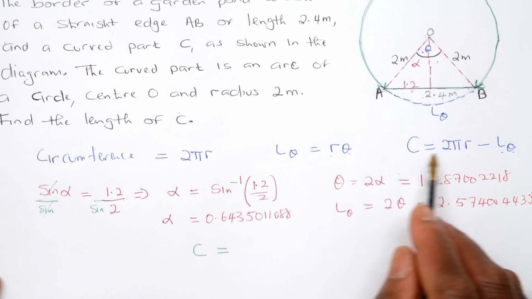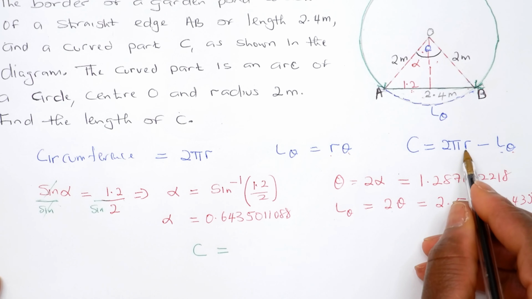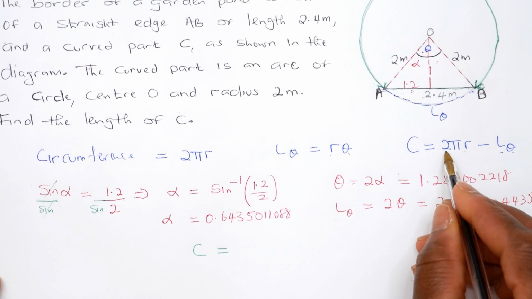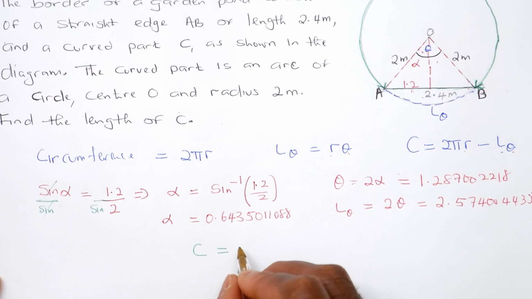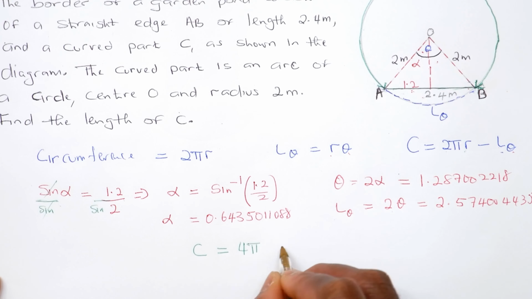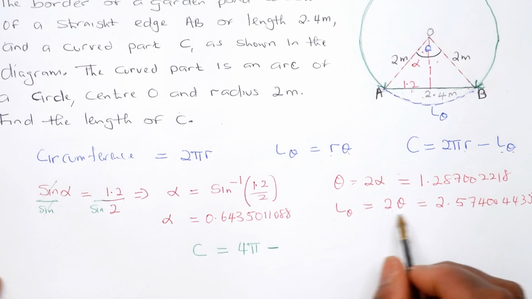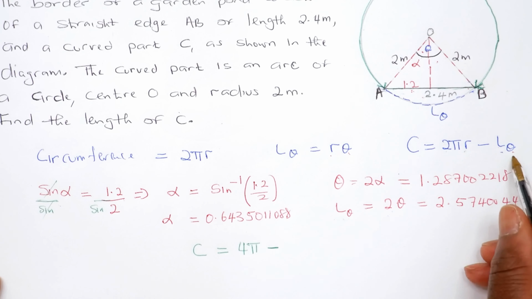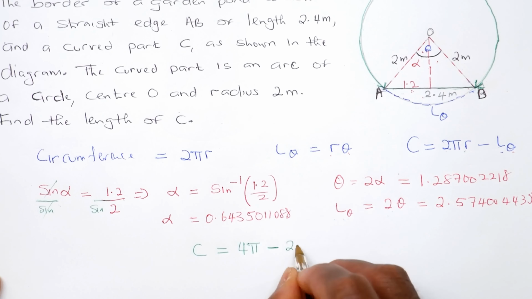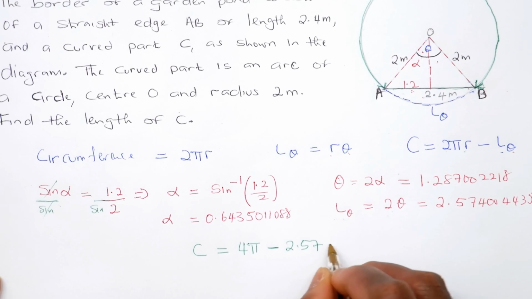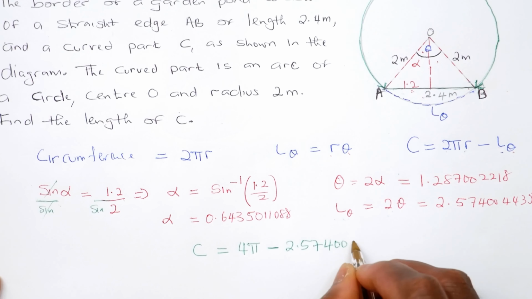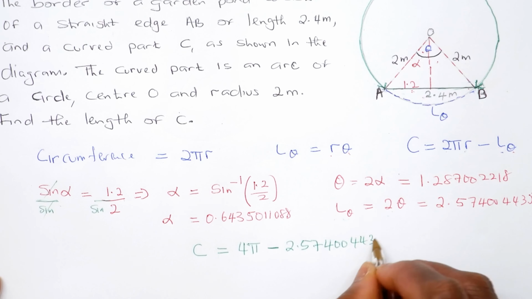We know R is 2, and 2 times 2 is 4, so that'll be 4 pi minus L theta, so minus 2.574004435.